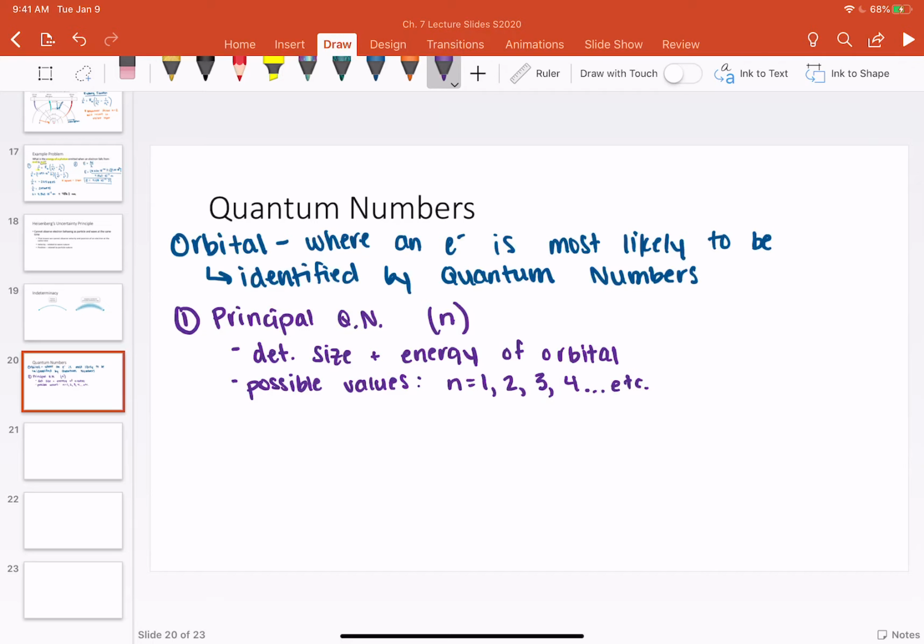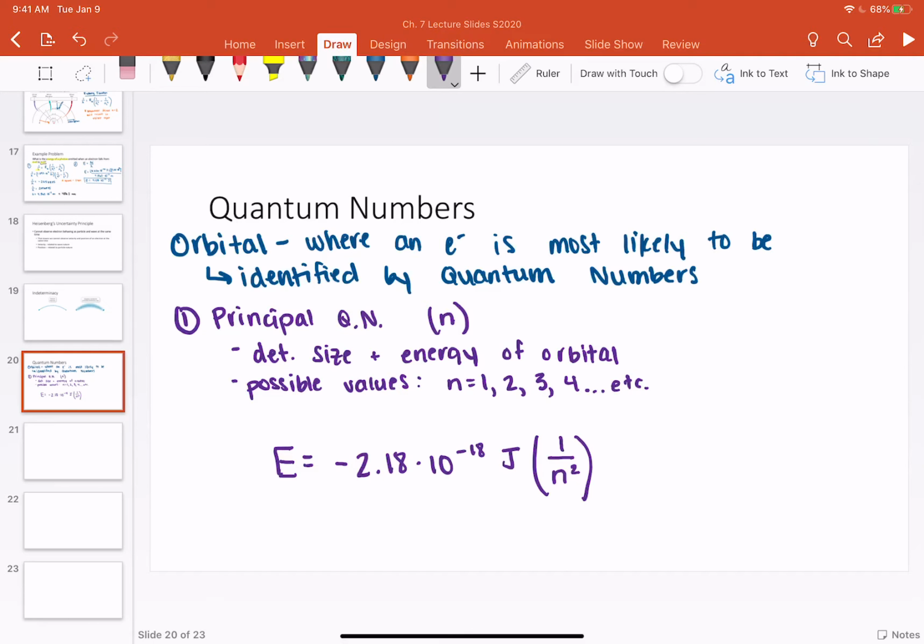And we can use n to find the energy of an orbital using the equation E equals negative 2.18 times 10 to the negative 18th joules times 1 over n squared.